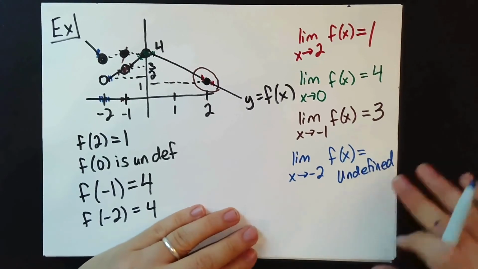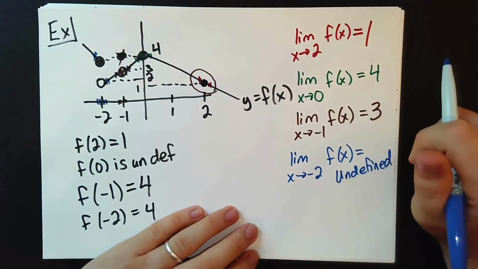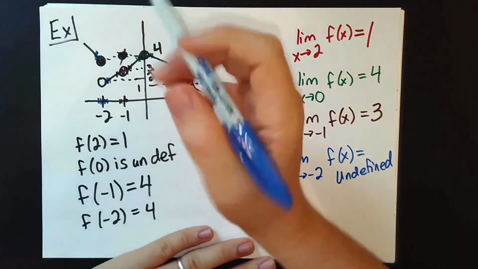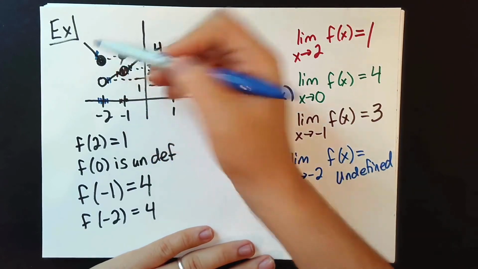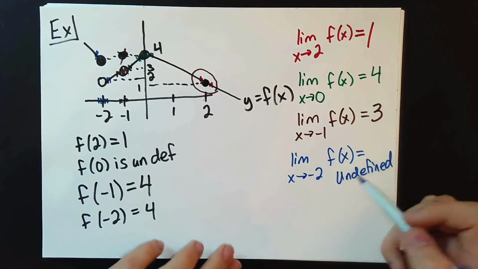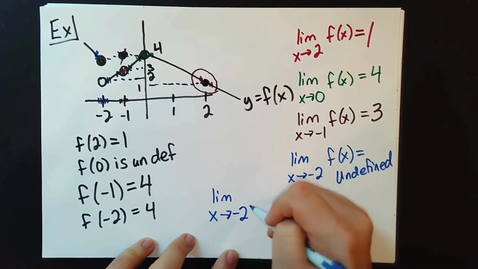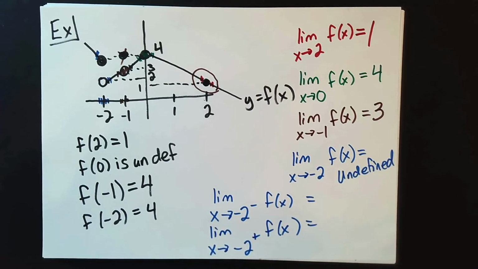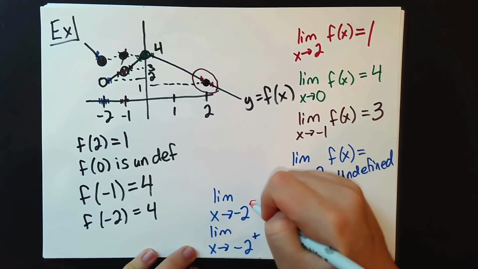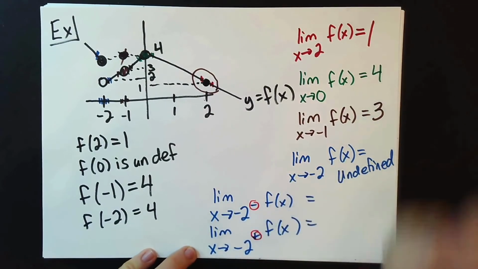Now, a preview of something we'll talk about in a few videos: we can tell that this limit is really torn between wanting to be 2 and wanting to be 4, and we do have a way of getting at that. Namely, we write something like this, and the key thing I've added here is these little pieces of jewelry, the minus up here and the plus up here.